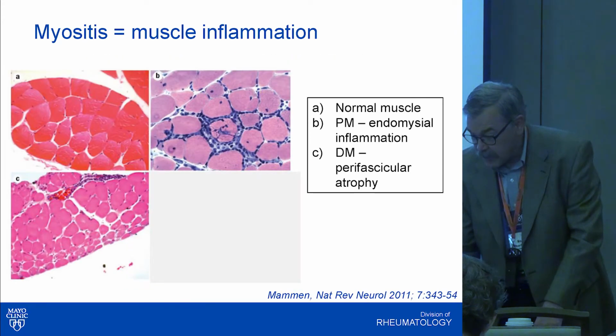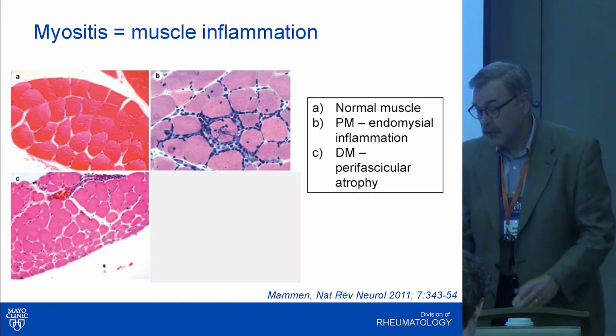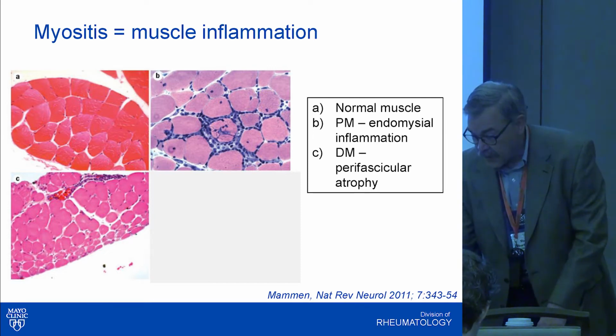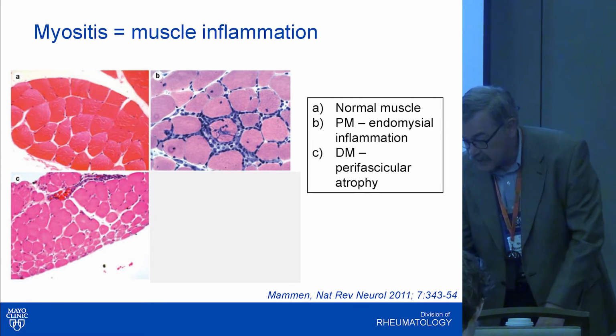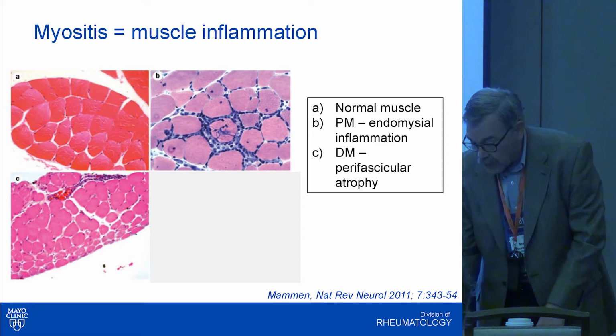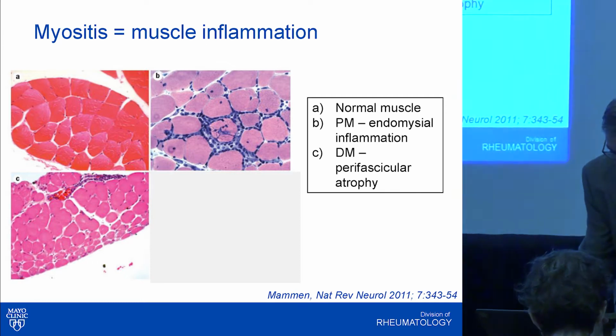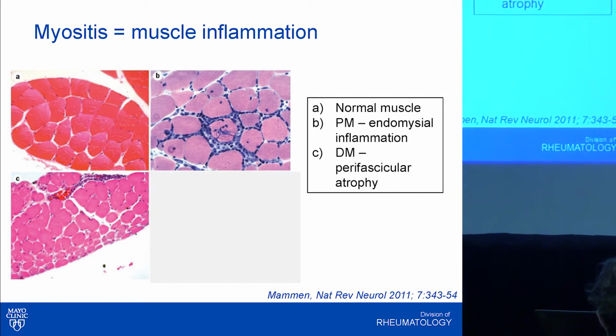And this would be a biopsy from a patient with polymyositis, or it could be a biopsy from somebody with inclusion body myositis. The inflammation there is within the fascicle and surrounding the cells. In dermatomyositis, down here in the lower left, here is a fascicle over here, here's another one down here, and pieces of others.